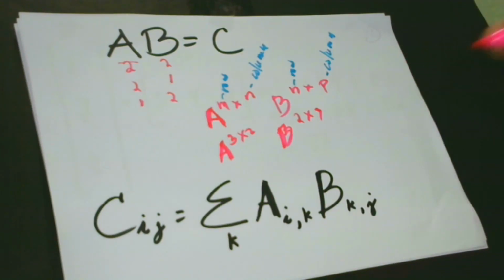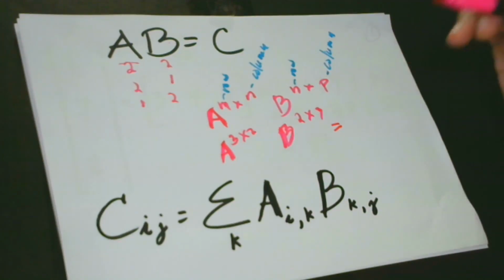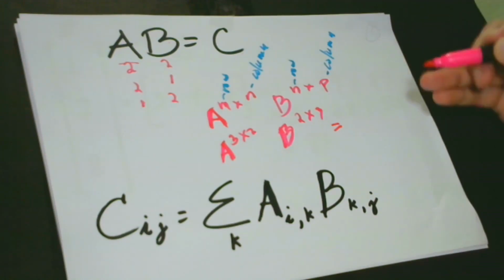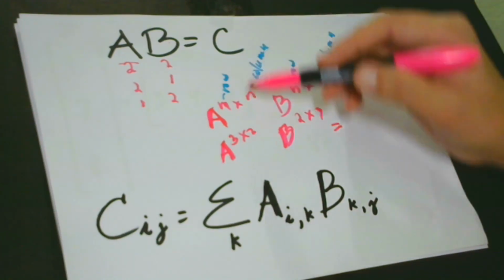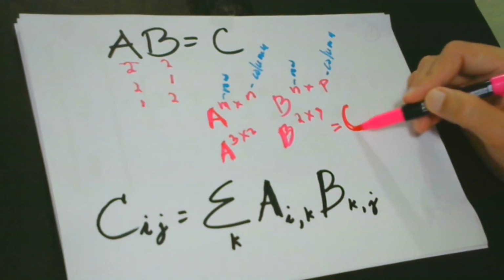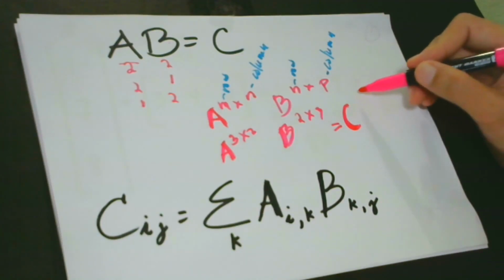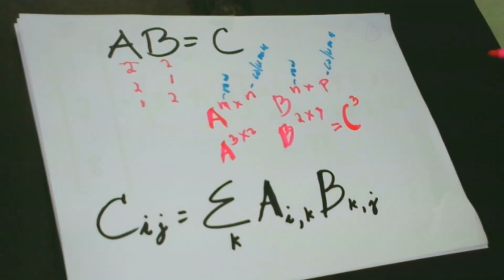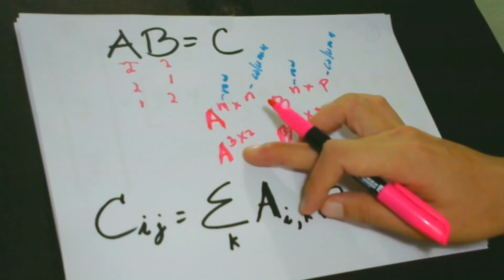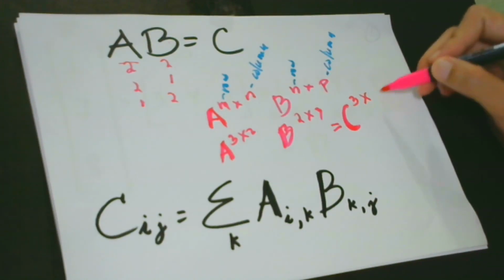So what would be the product? The product C inherits the number of rows of A and the number of columns of B. So the product C has how many rows? It has 3 rows because it will inherit the number of rows of A, and it will have the number of columns of B.